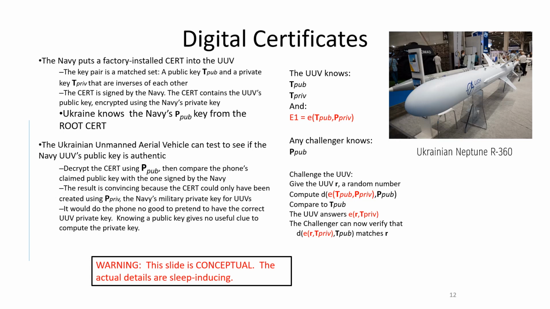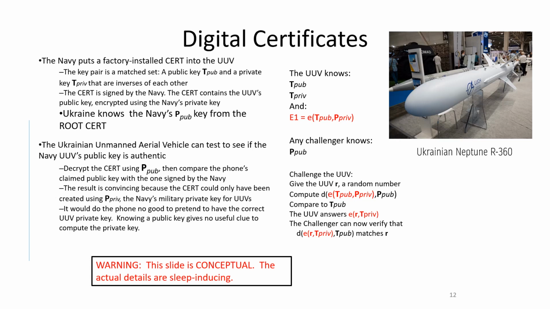The unmanned underwater vehicle has a cert that was signed by the Navy. That cert is unique to that particular unmanned underwater vehicle, and it tells anybody, here's the public key of this unmanned underwater vehicle.